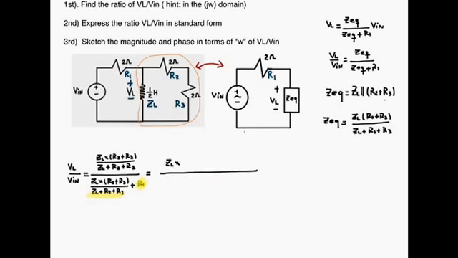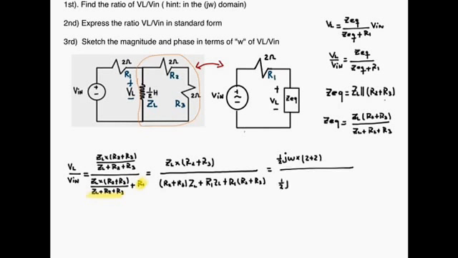This will eliminate the expression C sub L plus R2 plus R3 from the numerator, and then we will have in the denominator C sub L times R2 plus R3 plus R1 times C sub L plus R1 times R2 plus R3.